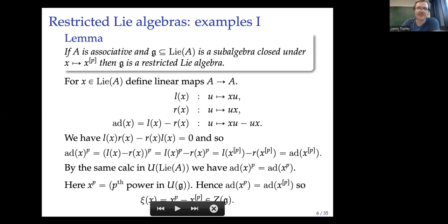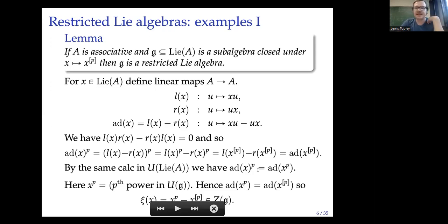But left multiplication by x, p times, on an associative algebra is just left multiplication by the pth power in that associative algebra, and similarly for right. So we obtain this equality here. Now we can do this calculation in the enveloping algebra of Lie A, and this time we replace this x^p here by x^p in the enveloping algebra. And we learn that ad x, p times, is equal to ad of x^p. This is x^p in the enveloping algebra.